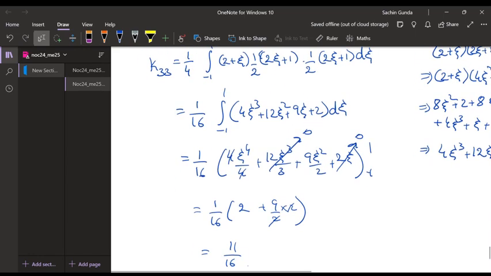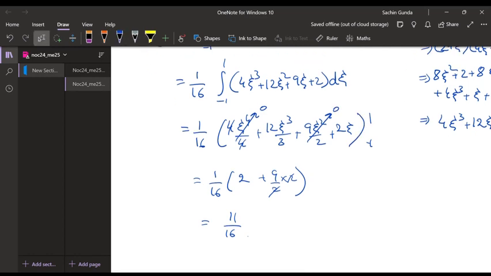Sorry, small mistakes in integration. These are not 0. Even terms will be 0. So it would be 12 by 3 into 2 plus 2 times 2.